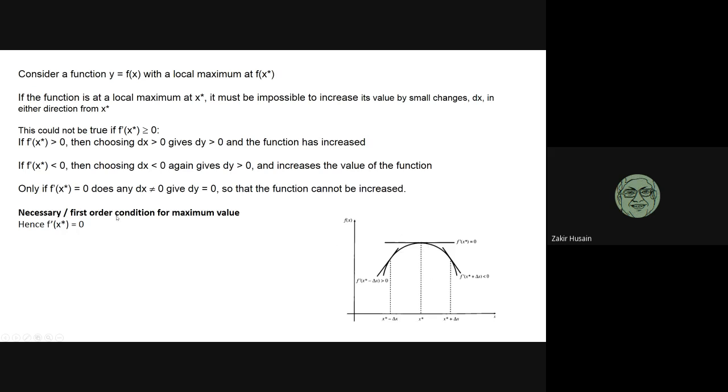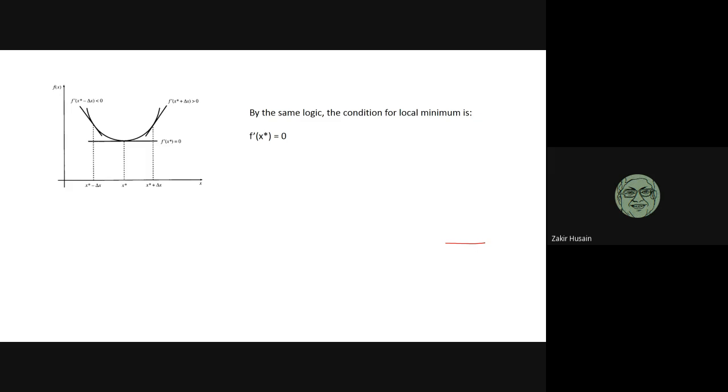So why are we saying first order? Because we are using only the first derivative. Why necessary? Because if you don't have f prime equal to 0, this will not be a minimum or maximum. But suppose f prime equal to 0, does it necessarily imply that this is going to be a maximum value?